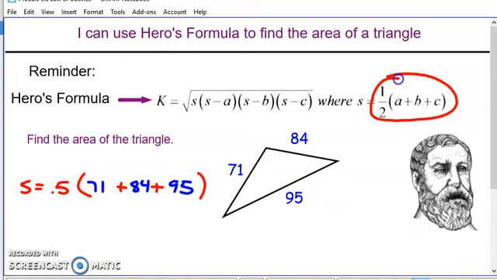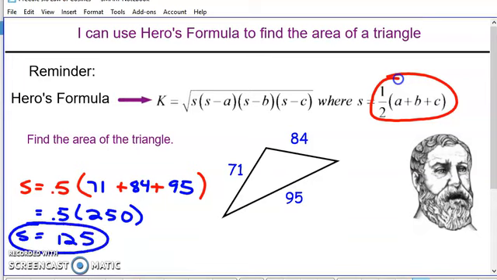I'm just going to add those together. So this is 0.5 of 250. I calculated the inside, and S is going to be 125. And that is what I'm going to use in here.